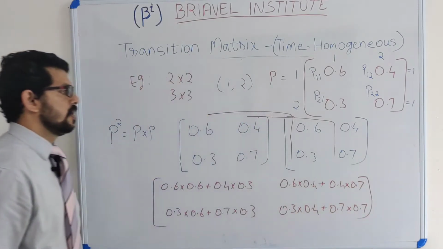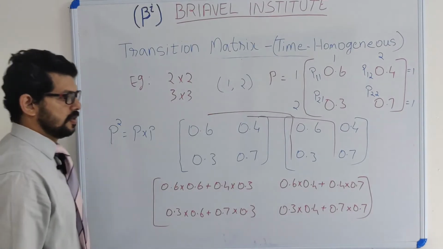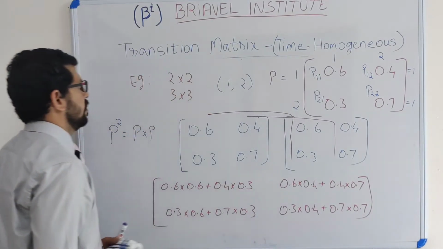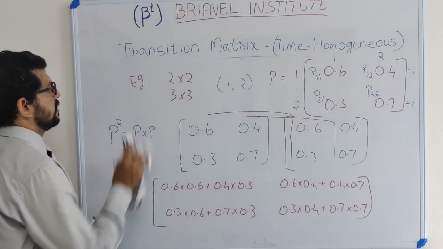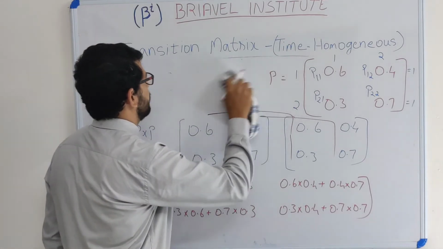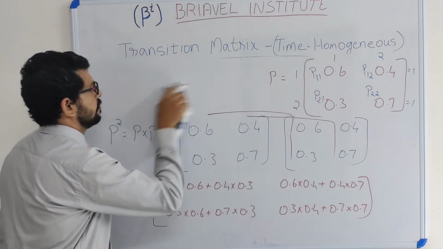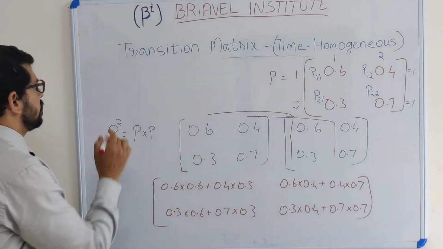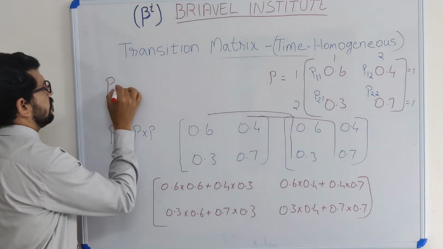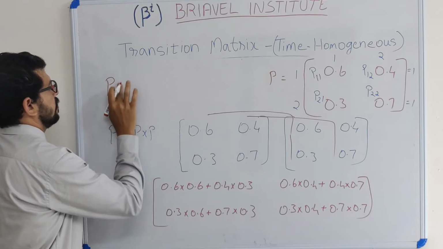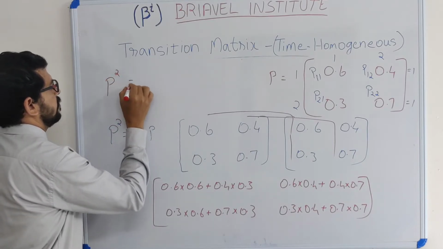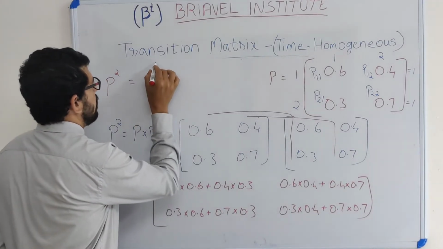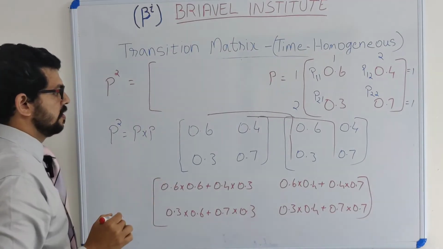These are the values. Please note down these values. So what are the values of P square?